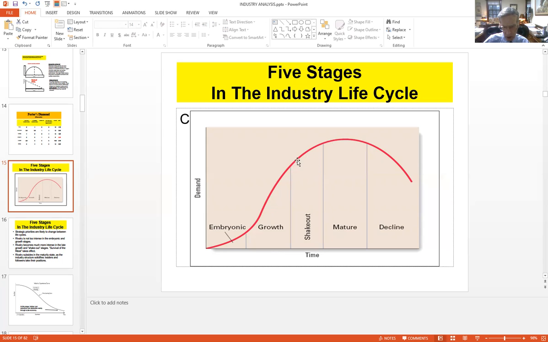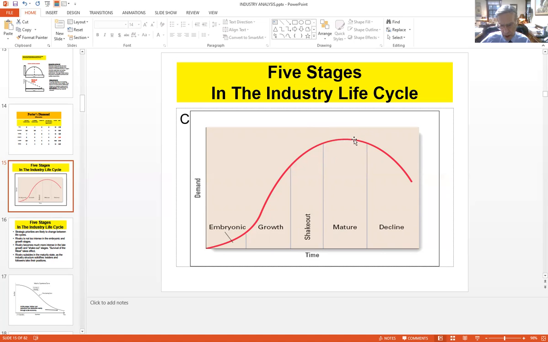And so whereas there may be lots of companies in the growth stage, by the time the shakeout is done, we won't have as many companies in the mature stage. Another thing that'll happen in the mature stage is that the industry will become more stable for a while. Leaders will emerge, followers also will emerge, and the industry becomes orderly. And it's at this stage that good profits can be made.